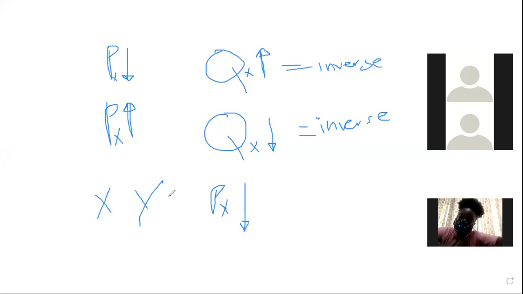And I started an example. Let's say clothes and food, right? The price of food has fallen. Food has become cheaper.